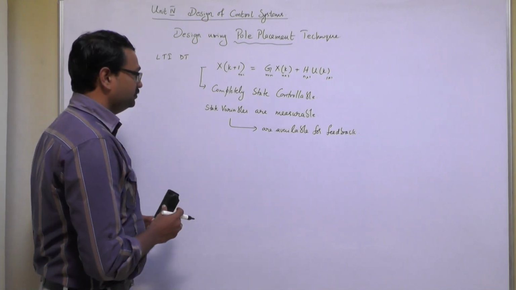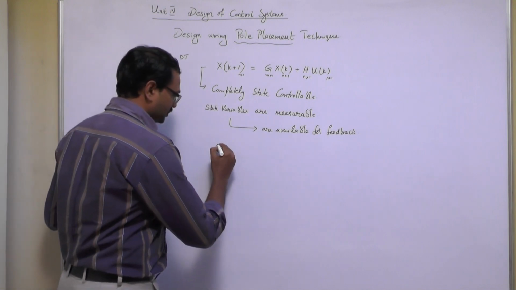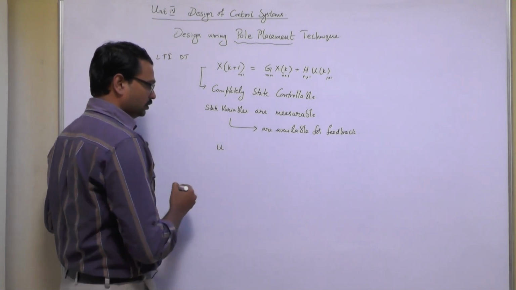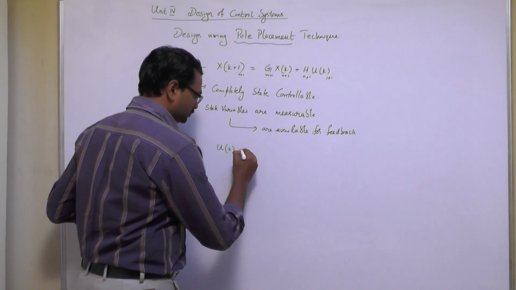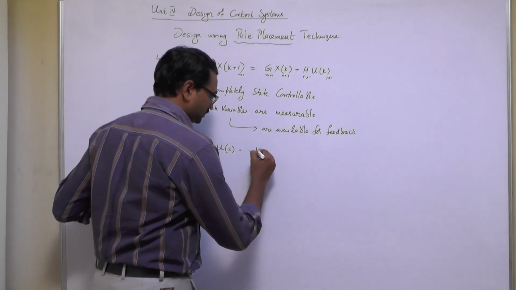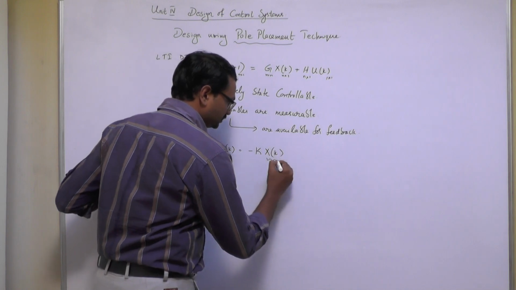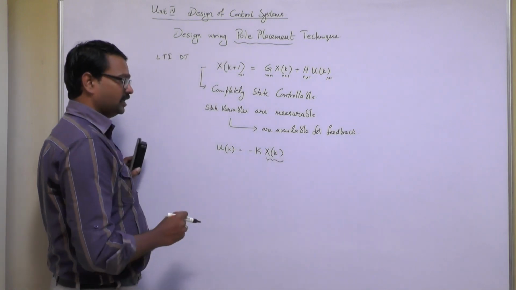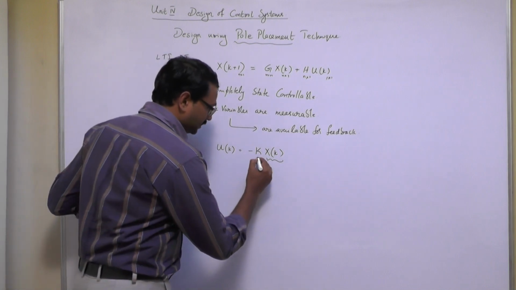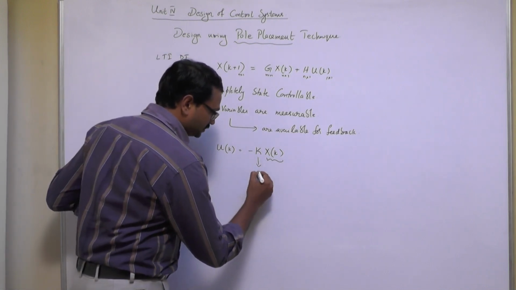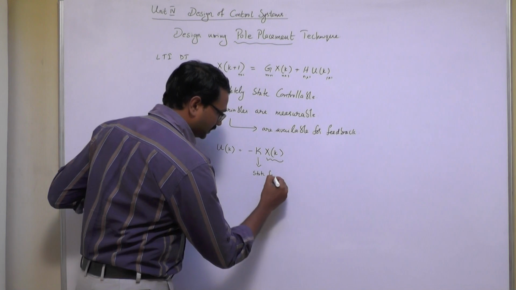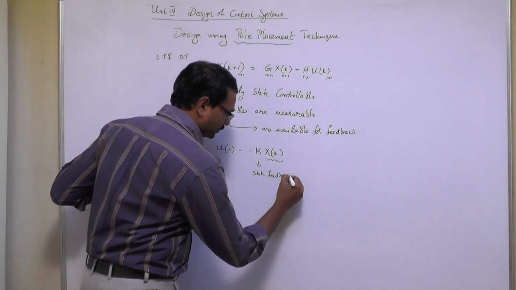With that in mind, for example, u of k is equal to minus k into x of k. X of k is our state variable, which are all measurable and available for feedback, and k is our state feedback gain matrix.